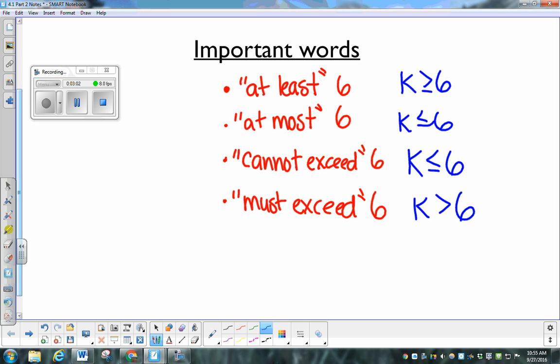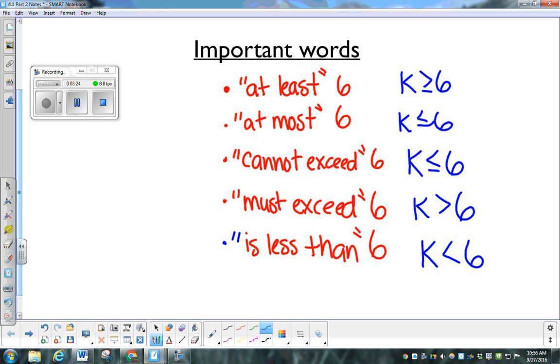Our next phrase is "less than 6." This one's pretty easy because it's already kind of saying what symbol you should use. k is less than 6.